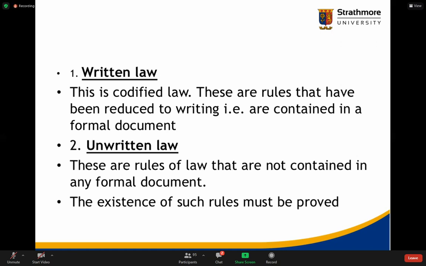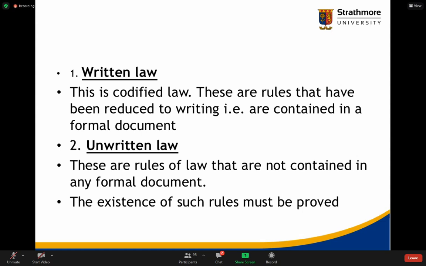However, the key distinction to capture when you're trying to classify between written and unwritten law is that written law is contained in a formal code. It is very formal, and it is a complete set of legal rules on a particular subject or theme. That is written law for you.